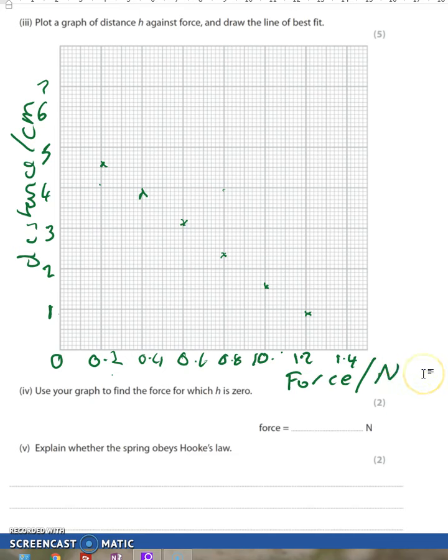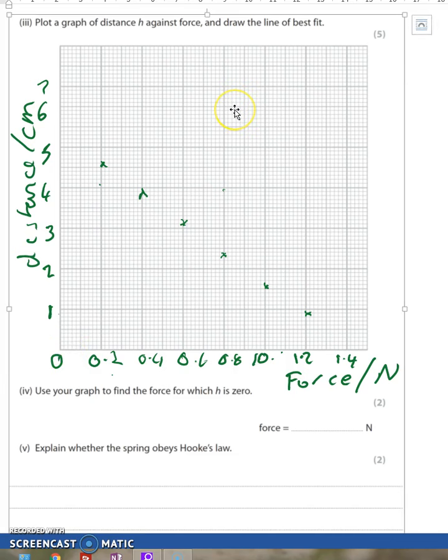There was 2 marks available for correctly plotting your crosses. So here we've got 0.2 was 4.6 centimetres, 0.4 was 3.9, and so on. And you can see this is an unusual graph, and this all goes back to the fact that we're not plotting extension here, so we're not going to get a traditional graph which is directly proportional starting at 0 and going this way.